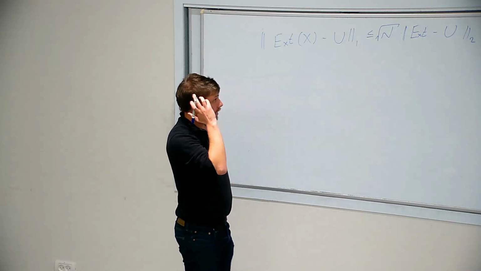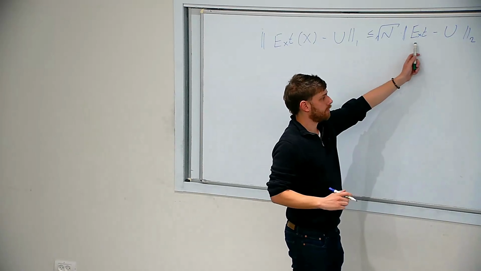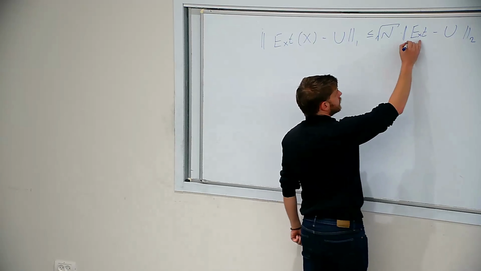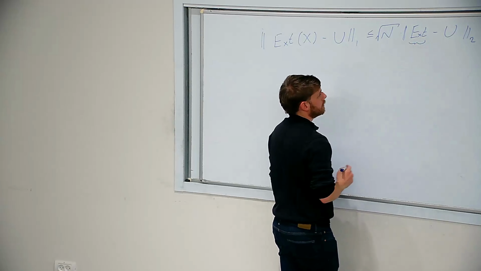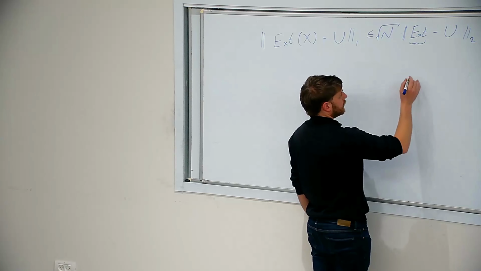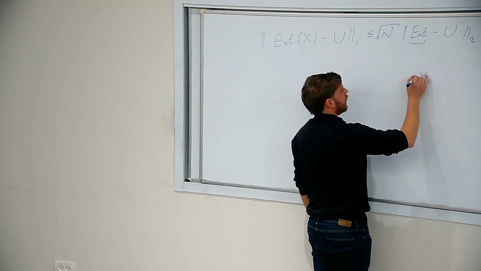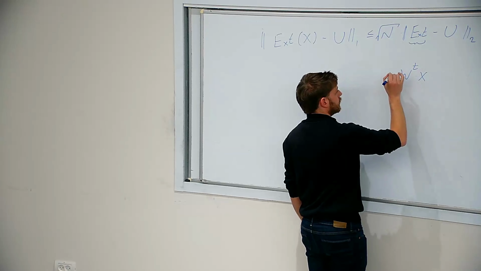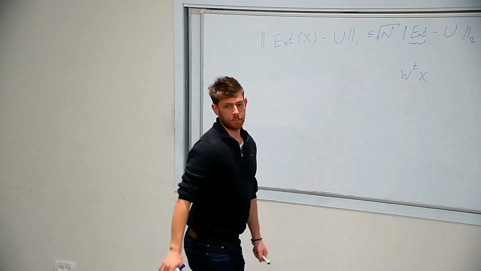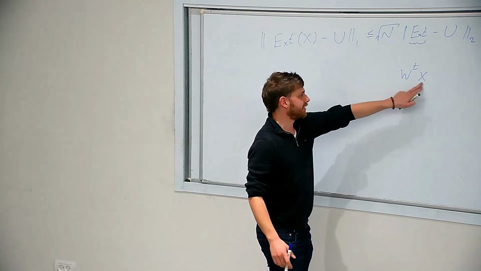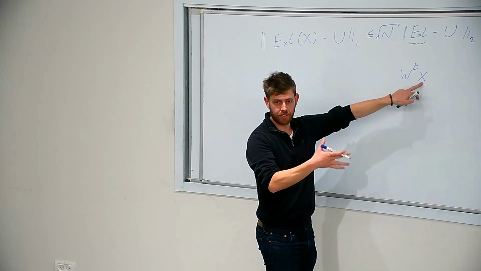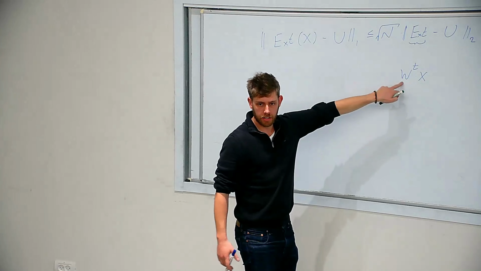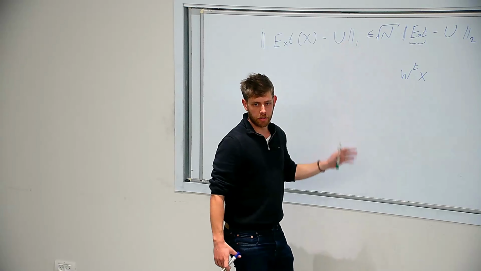Okay, and now for this one, let's write this as x times W to the T. Because you start with the initial distribution on the vertices, which is induced by X, and then you take T random steps, and you finish with another vector.